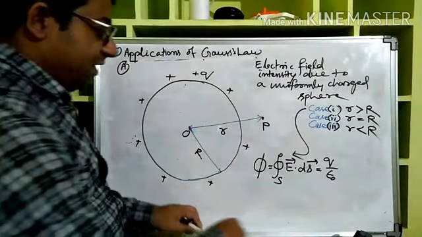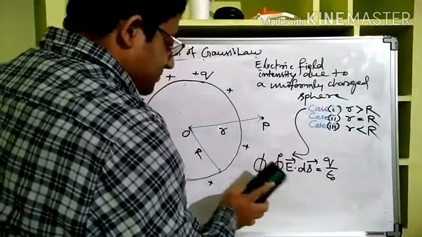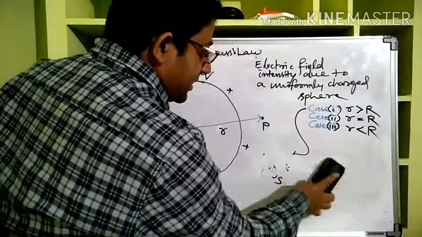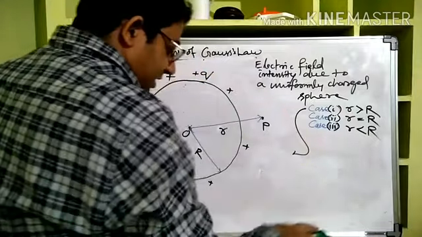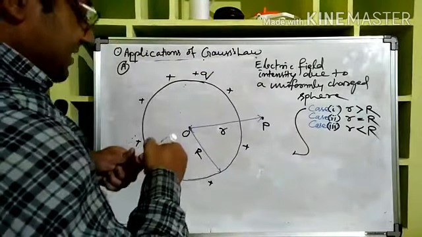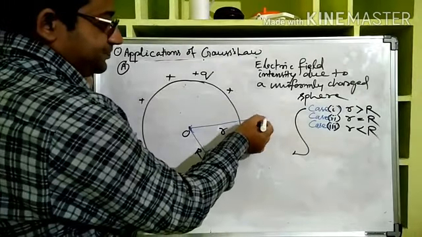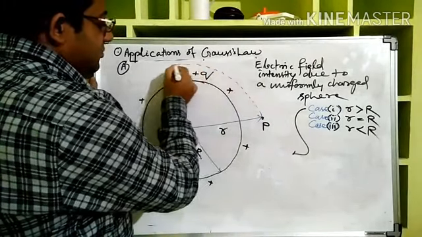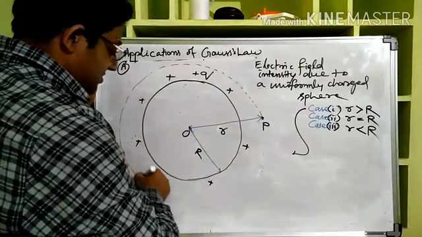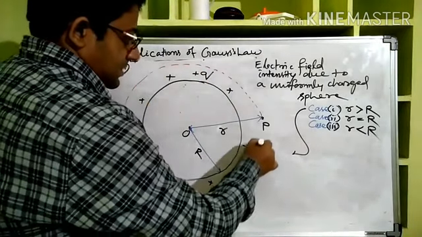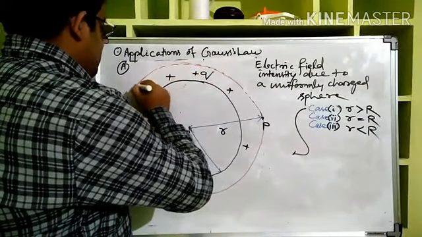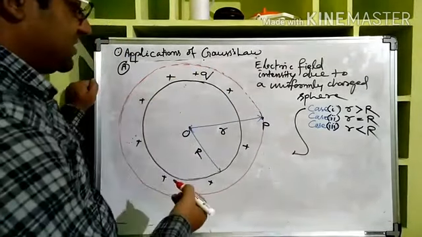To draw it I require some space, so I am erasing this. You have this in memory, right? Now taking this point P, we can imagine one closed surface, which is the Gaussian surface. Is it clear?